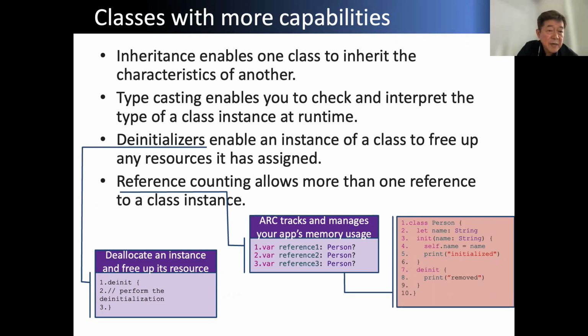Something that you cannot find in Java or Python, but is available here in Swift, is the deinitializer and reference counting. As you develop in Java, for example, you may want to see how many references, how many instances are already developed. There are no tools available.